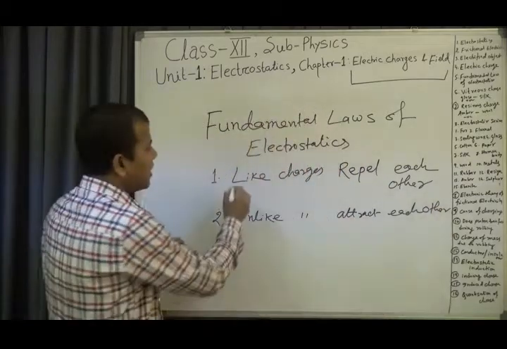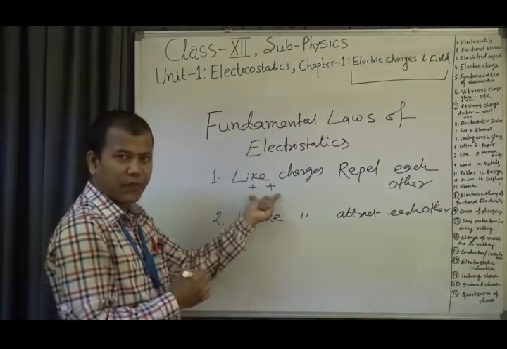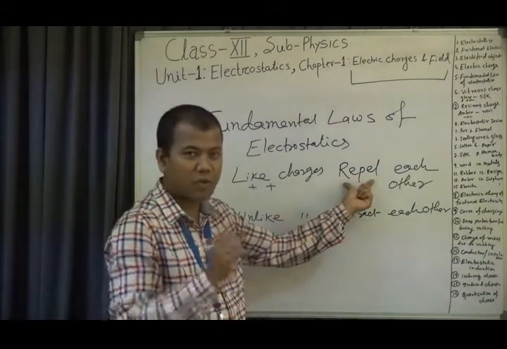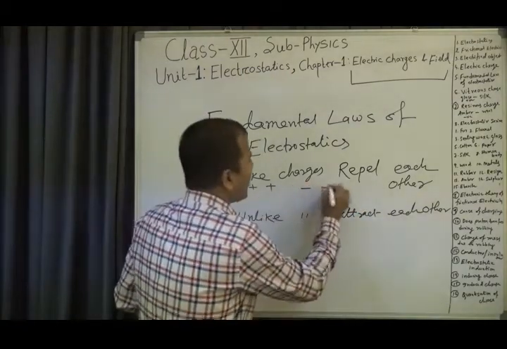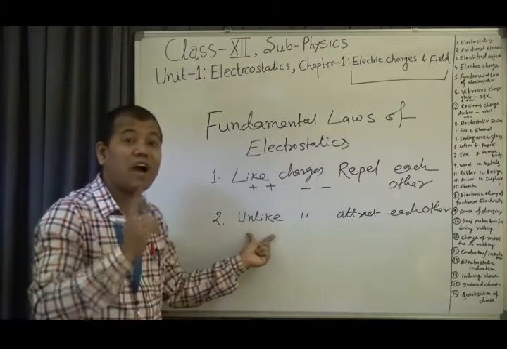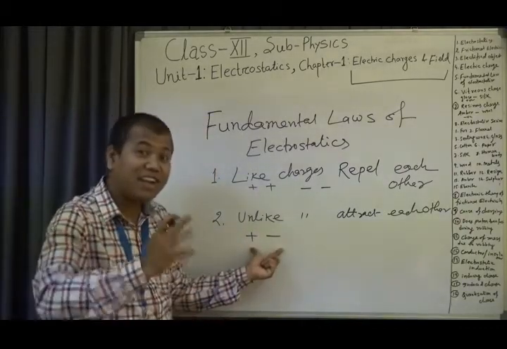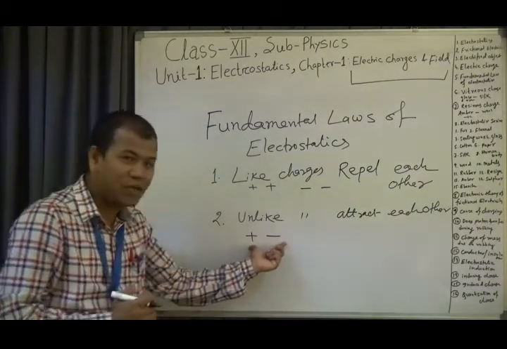What did I say? Like charges, suppose positive and positive, what will they do? They are similar charges, so obviously they will repel. Negative and negative, yes, they will repel. But in case of unlike charges, suppose positive and negative, they are different, opposite. They are the unlike charges. So what will they do?